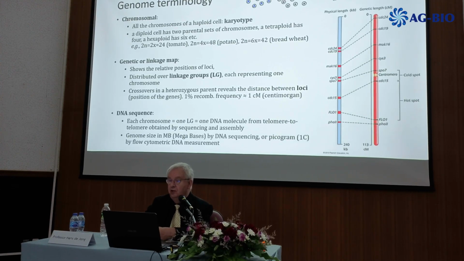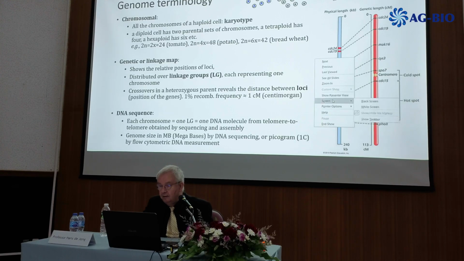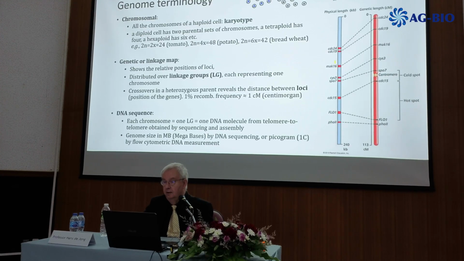And finally, we also see the physical map or the DNA sequences. And already you can see here on the panel on the right side that there is an interesting difference between the physical map and the genetical map. Let me see if I can point it here. Yeah, here.